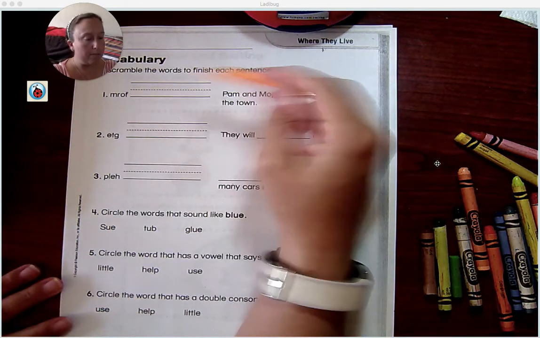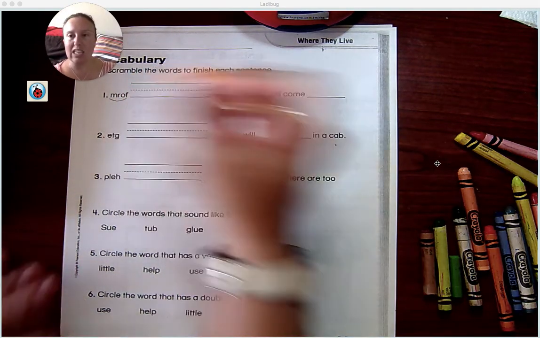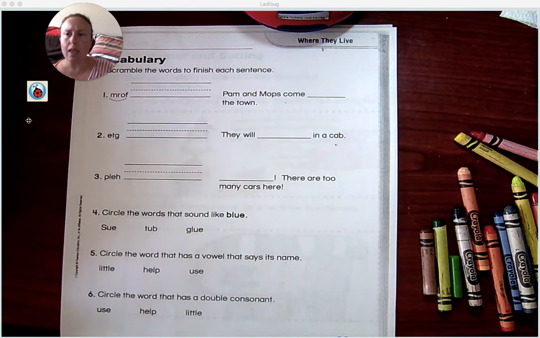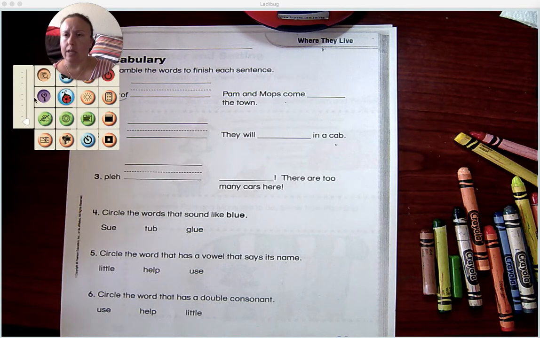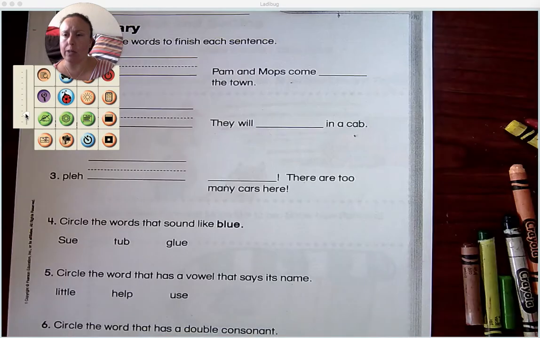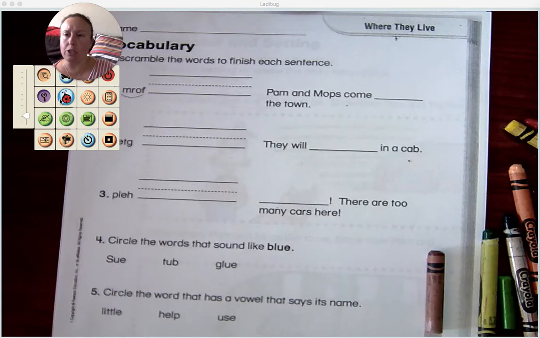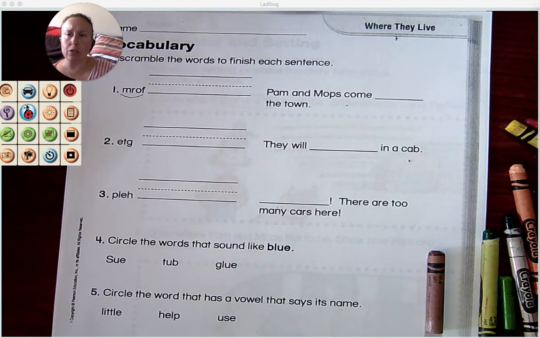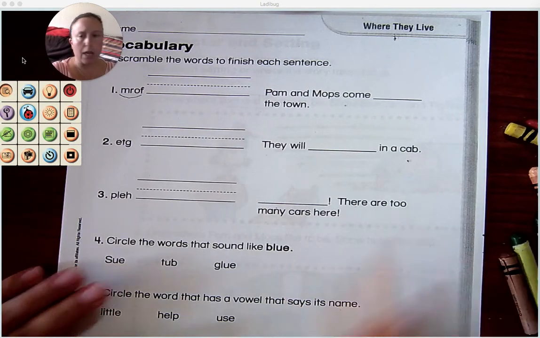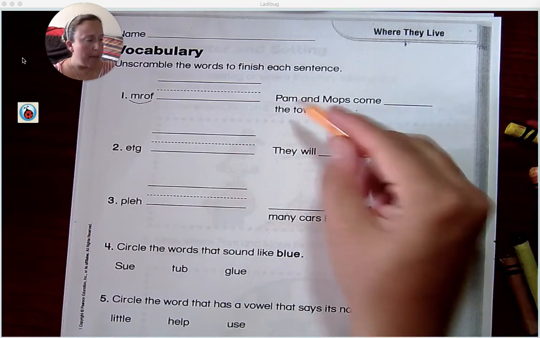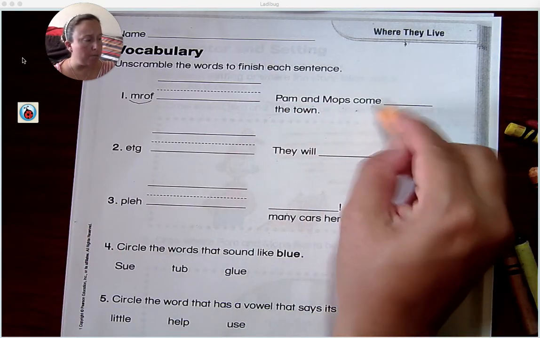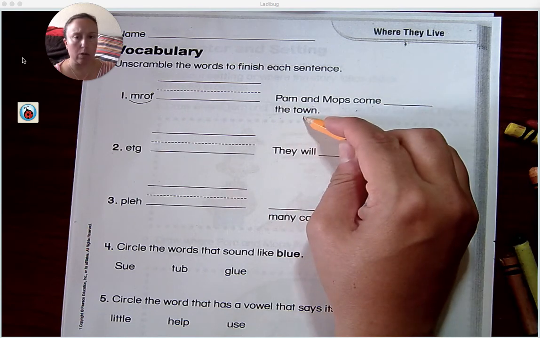So number 1, see how this word is all confusing? That's because it's actually backwards, and the letters are in the wrong position. So what we're going to do is look at each of those letters and decide which word they actually mean to say. Pam and Mops come blank the town.